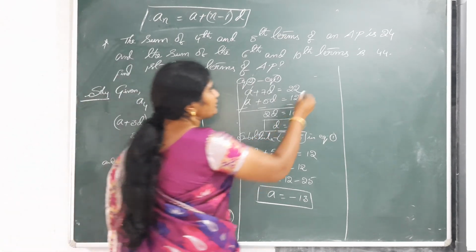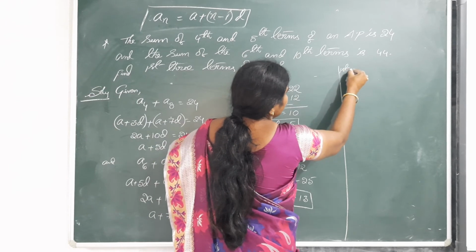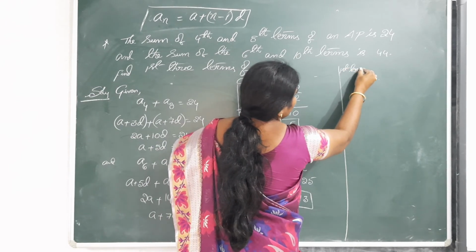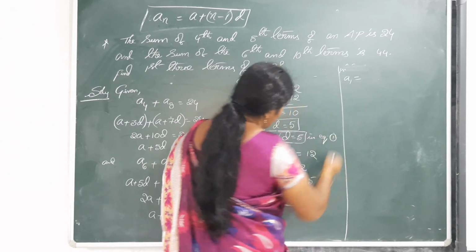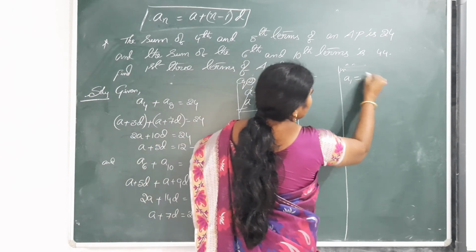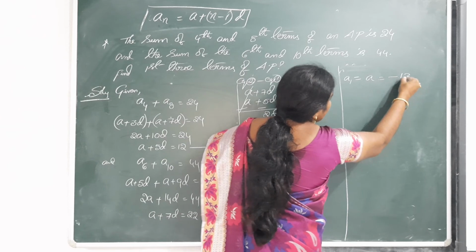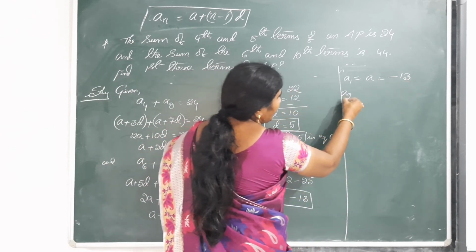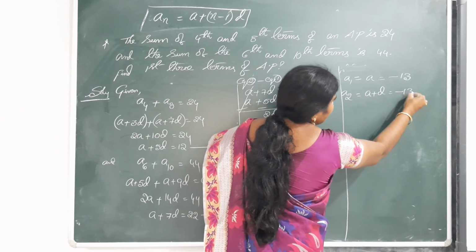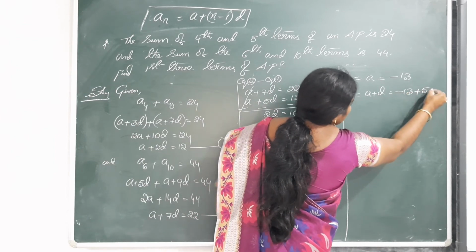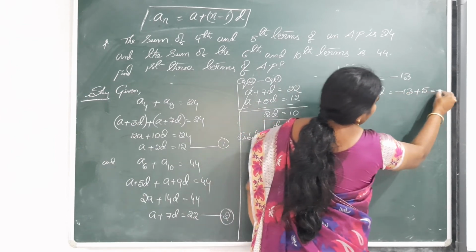Then the AP's first term A1 equal to A, equal to minus 13. Second term A2 equal to A plus D. Here A value is minus 13, D value is 5, that equals minus 8.